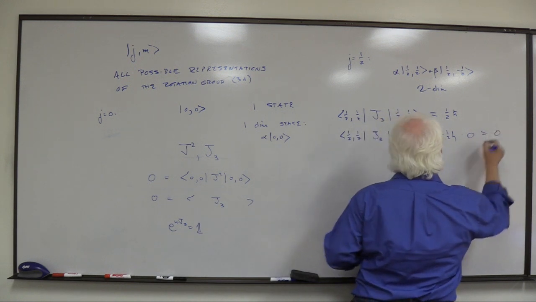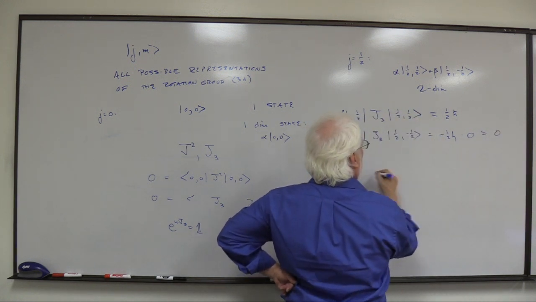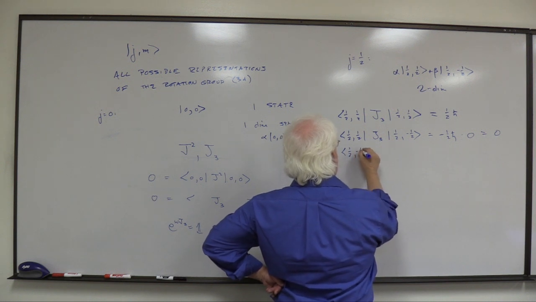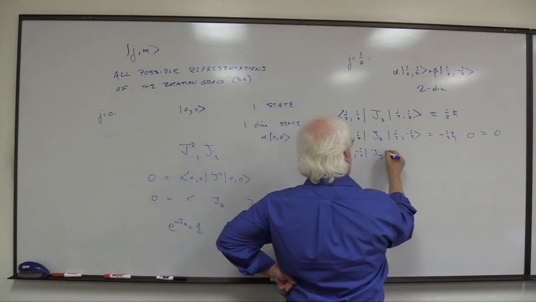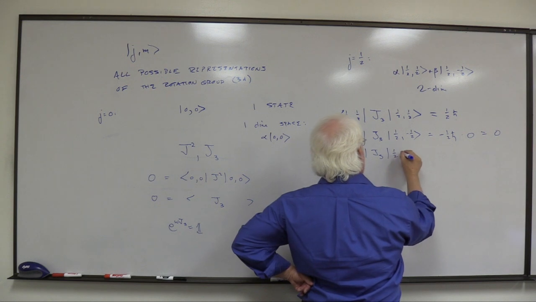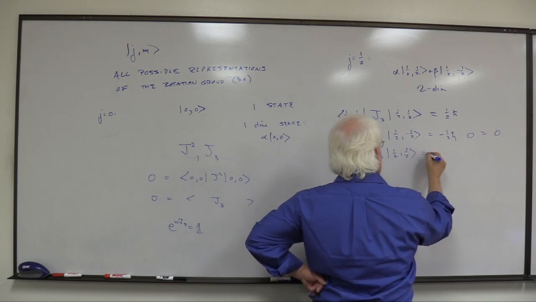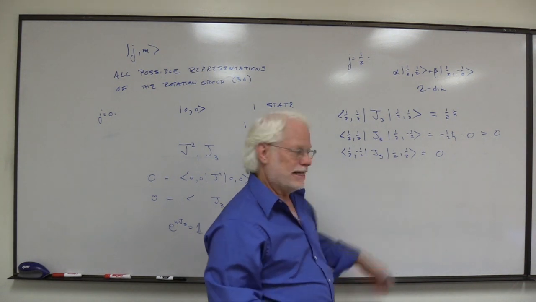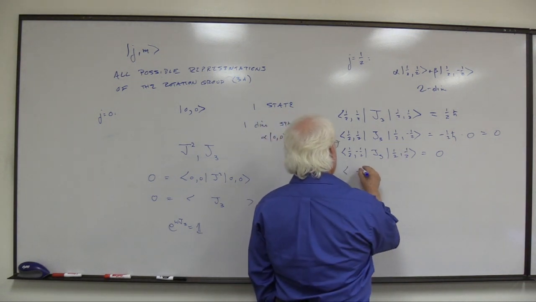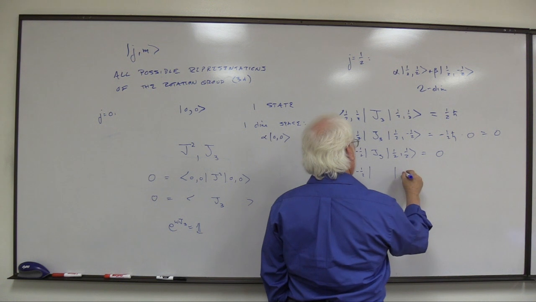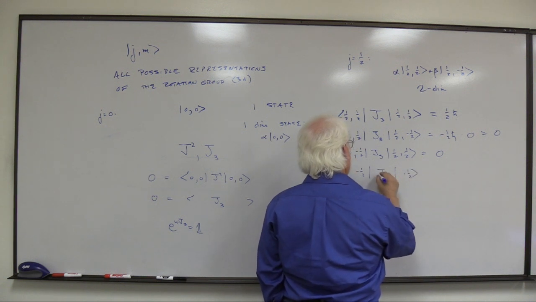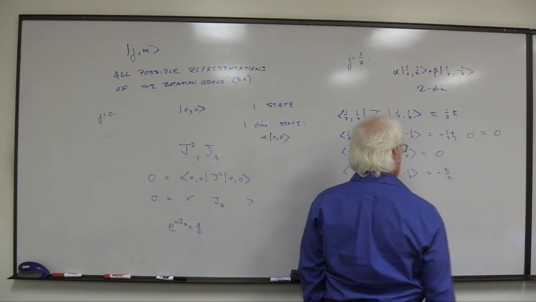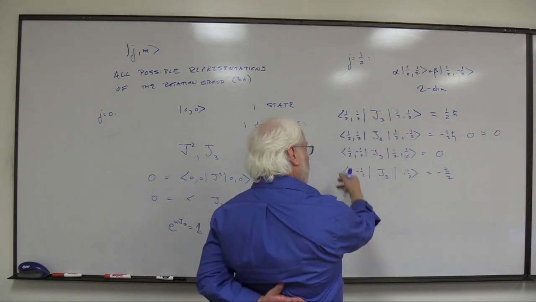You meant h bar. Yes. If we look at minus 1/2, J3, and plus 1/2, we're going to get 0 again because these two states are orthogonal, and that's an eigenvalue. And finally, with the minus 1/2, J3, we're going to pull out minus h bar over 2, and then we get 1.